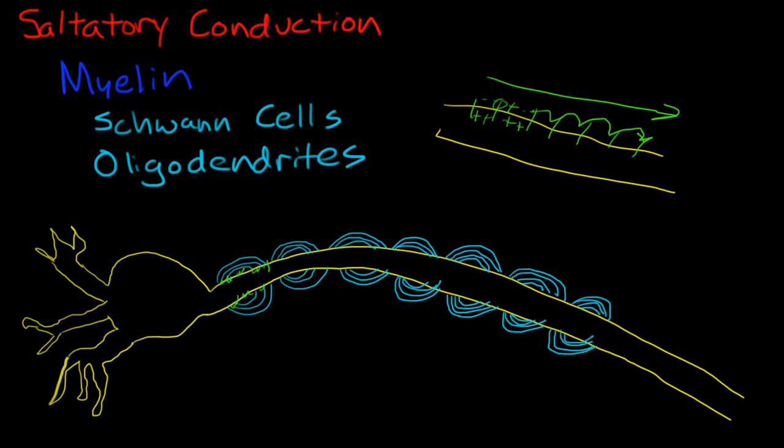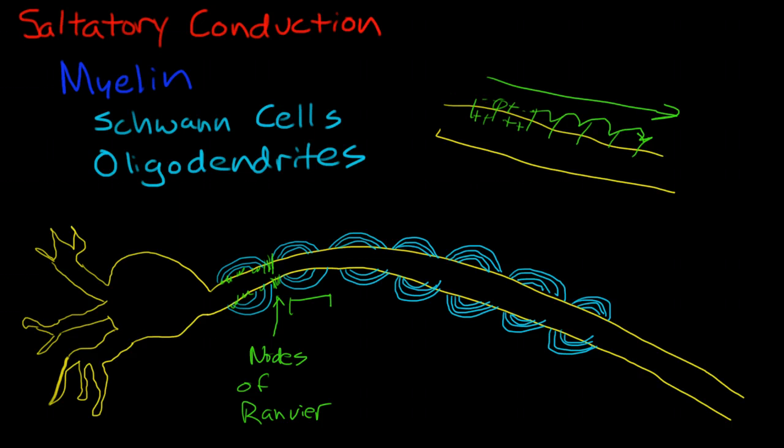So there is a cluster of thousands of voltage-gated sodium channels in between the myelin sheaths, and these areas are called the nodes of Ranvier. The nodes of Ranvier are these little areas that do not have myelin sheaths. They take up maybe 1 micrometer when there is like 15 or 20 micrometers of sheathed axon.